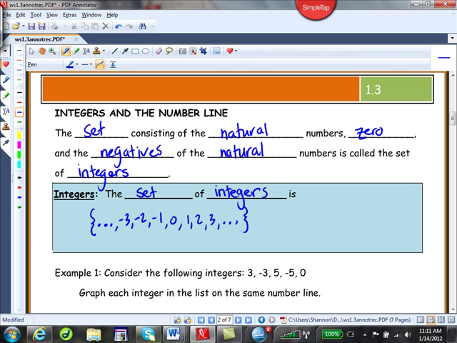That's our set of integers. And then, whoops, that's not very level. Do our number line to show what the graph looks like. So this time let's start it out over here.